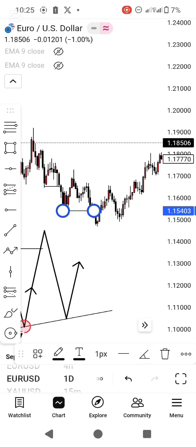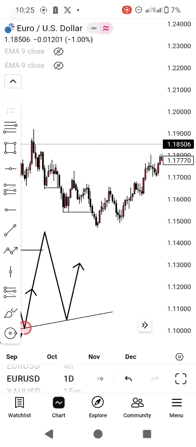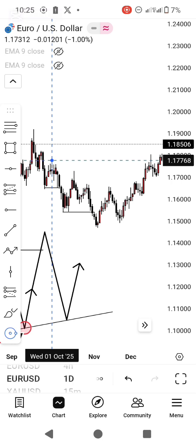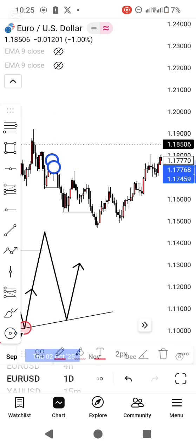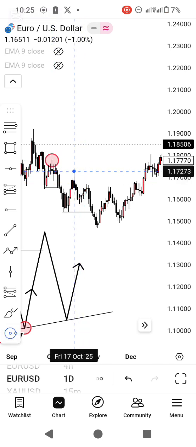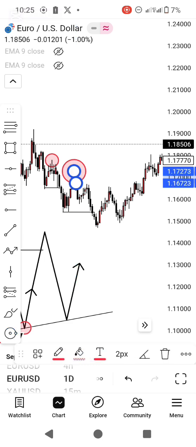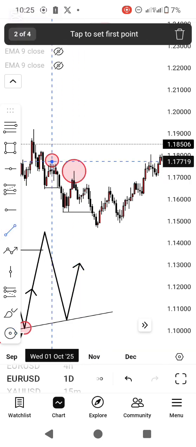So the next thing is that we want to look for the lower highs to connect. You can see we have this, we have this. So we'll go ahead and connect it.